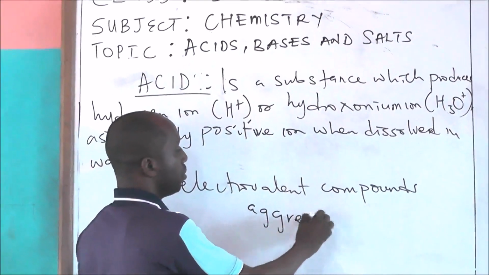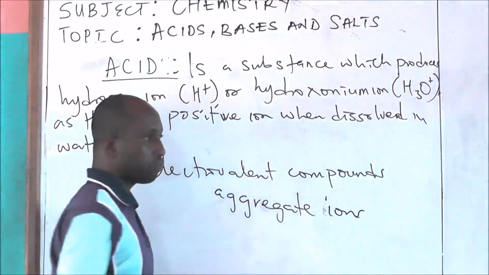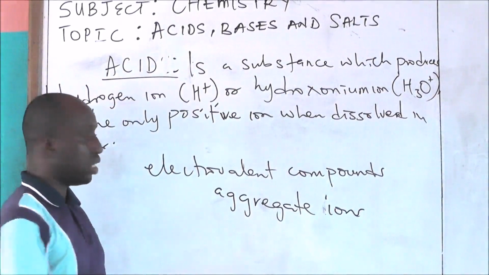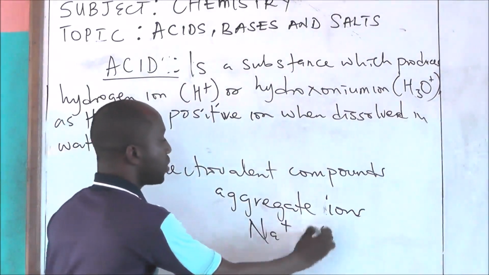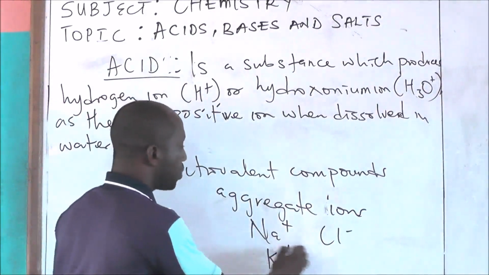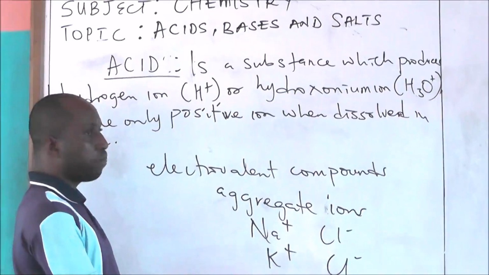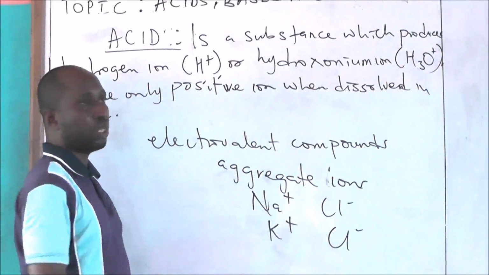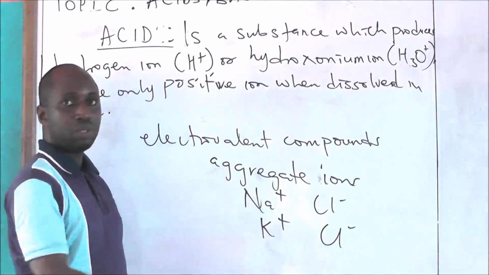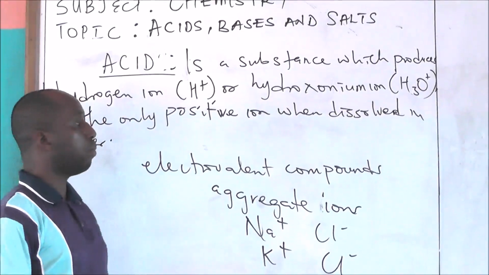For example, sodium chloride, if you dissolve it in water, you have your Na plus and Cl minus. Potassium chloride, you have your K plus and Cl minus. You now discover that the positive ions in electrolytic compounds vary. It could be sodium ion, potassium ion, calcium ion, magnesium ion.